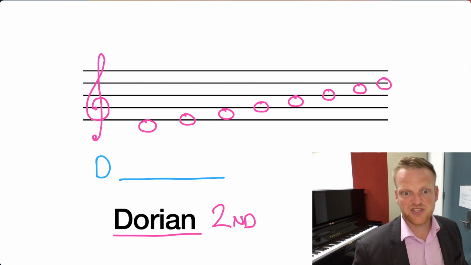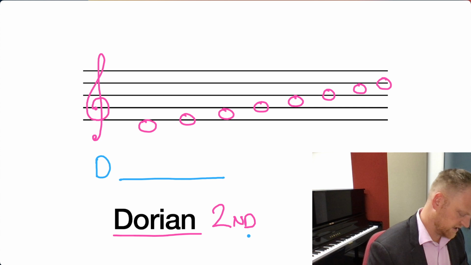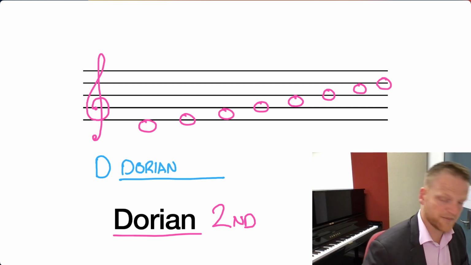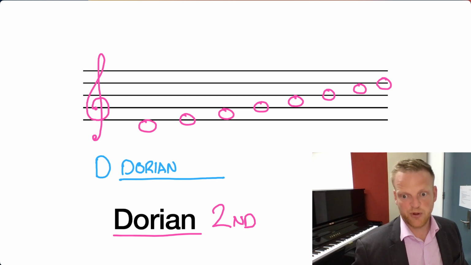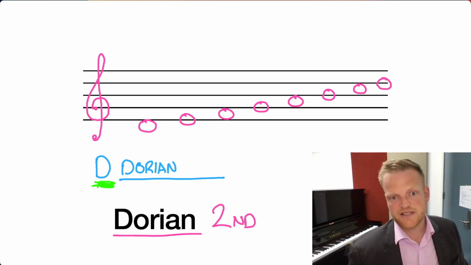So C major going from D to D. The reason we have that is because when you do that, it sounds quite different to C major. And so what I've drawn in front of you now is D Dorian. It's C major going from D to D, which is the second mode of the major scale, and you always name it after the note that it starts on.